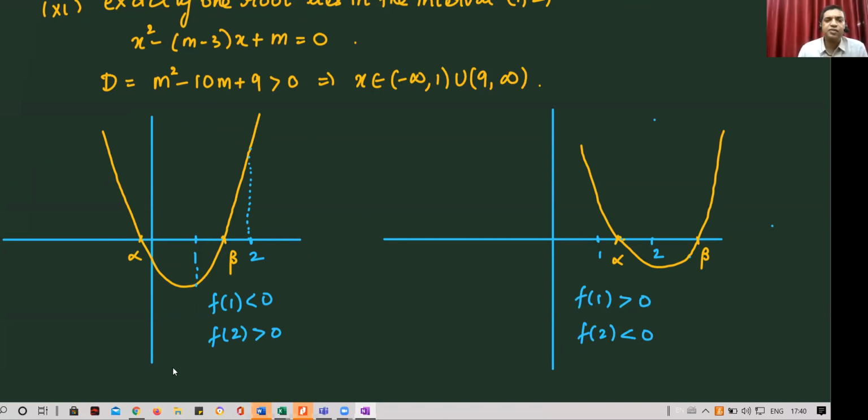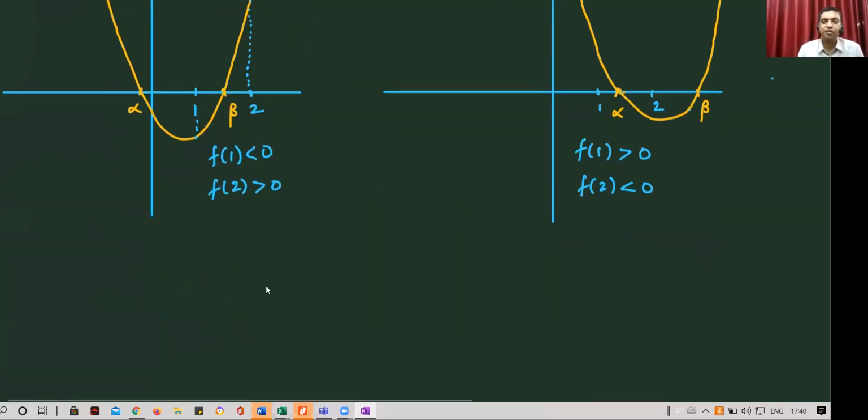So another way of saying it, if you have to do both these conditions simultaneously, you will write the product of f of 1 and f of 2 is negative. That means they both are of opposite signs.